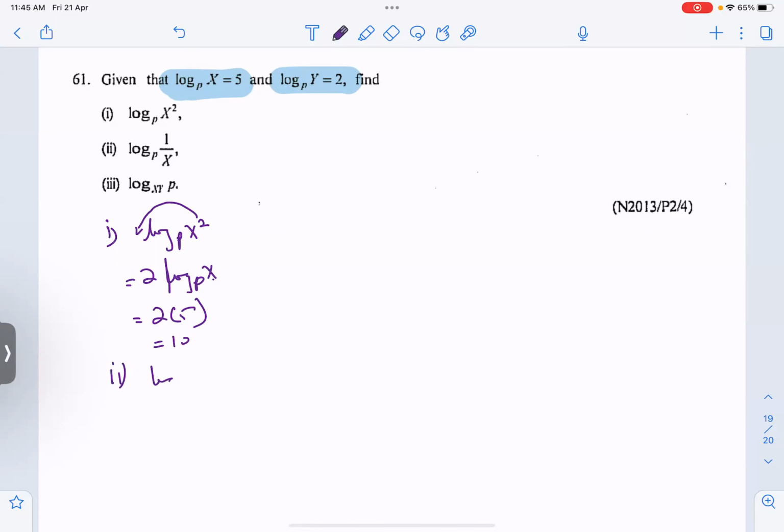Okay, Rayan, can you tell me how to do the second part? कैसे करूं रयान? इसको मैं आपको सिर्फ हिंट दे रही हूँ, quotient law लगाओ इसमें.